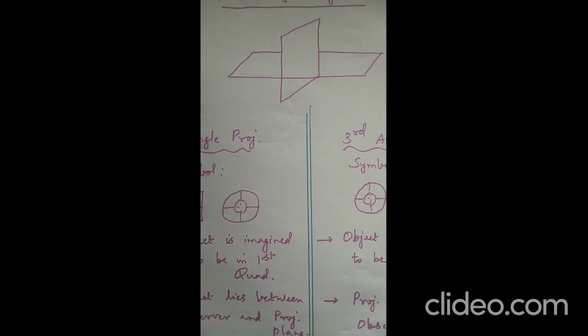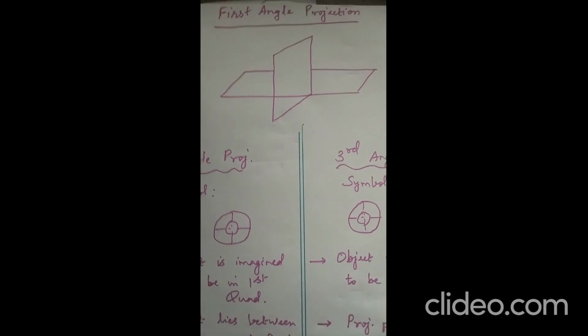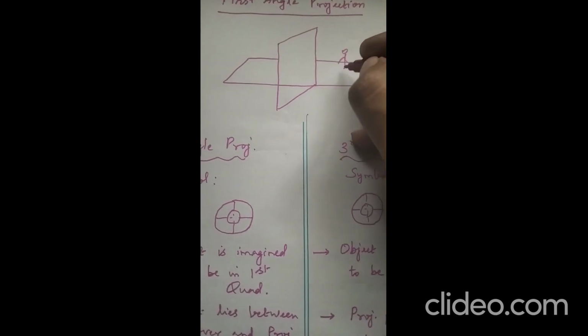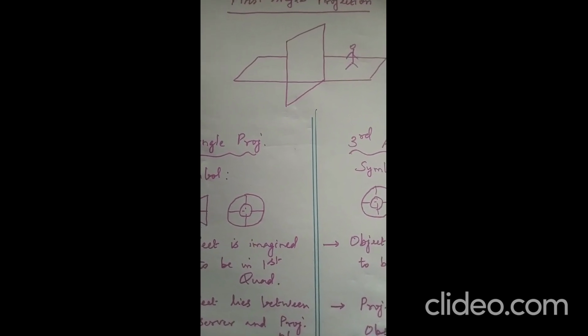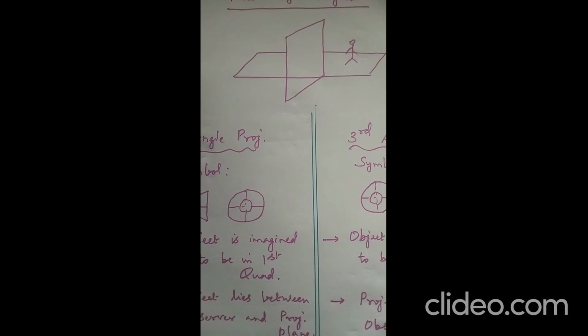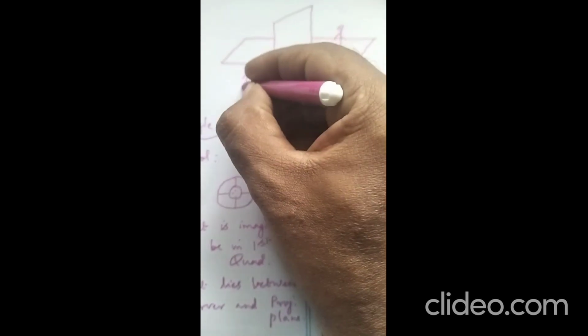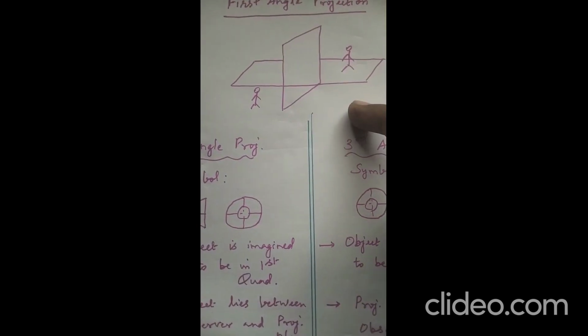We can view the four quadrants in which, if an object is assumed to be placed in the first quadrant, it lies like this. Whereas the same object, if it is assumed to be placed in the third quadrant, it should be lying in the third quadrant. Whereas the remaining are second quadrant and fourth quadrant.